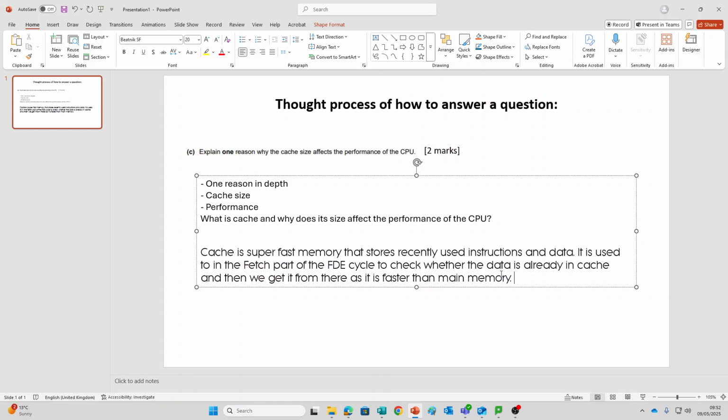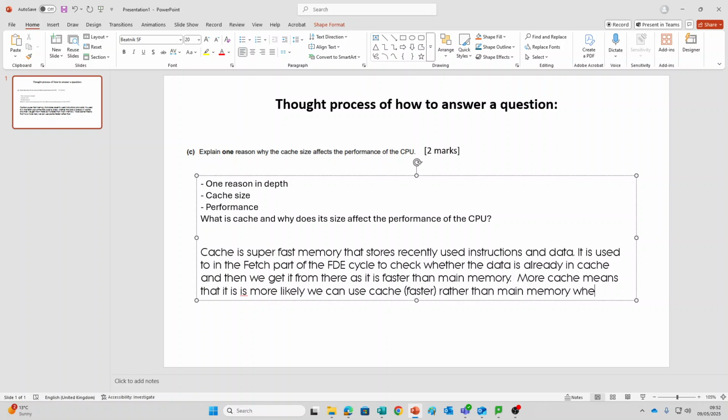Why does size affect the performance? And don't just put having bigger cache is better. Why is bigger better? More cache means that it is more likely we can use cache faster rather than main memory when fetching data, which will speed up the FDE cycle. There you go.